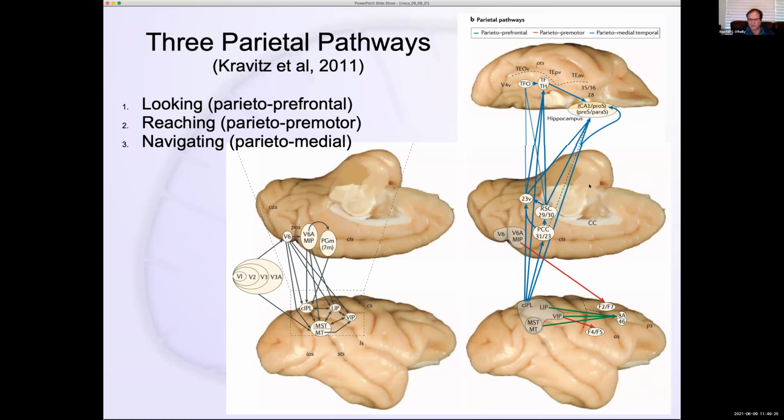And then the pathway I'm really going to focus on, and that really is highlighted by Charan's work, is this interesting medial parietal pathway that goes from these areas up here in dorsal parietal into this medial pathway through the posterior cingulate cortex, the retrosplenial cortex, and then into hippocampus through the entorhinal cortex, et cetera.